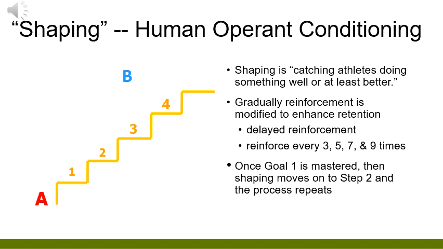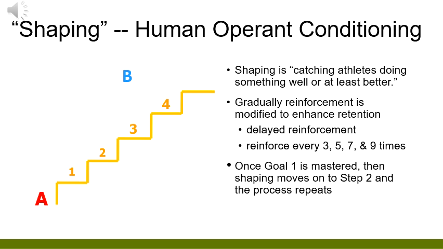Shaping is catching athletes doing something well, or at least better, and then gradually reinforcing them to modify that enhancement. So what you do is you start by praising an athlete every time they do something right. And then you begin to introduce delayed reinforcement.